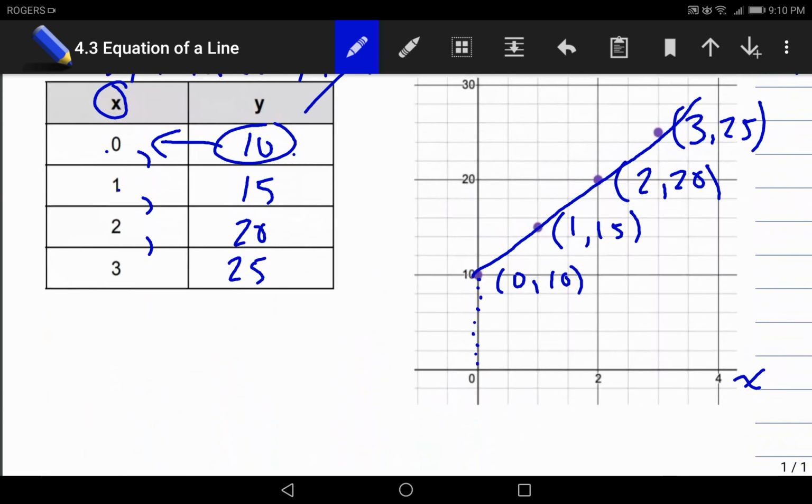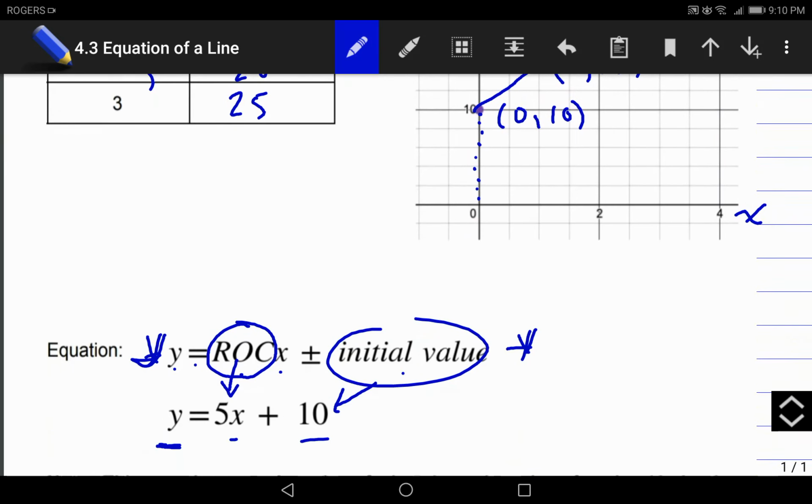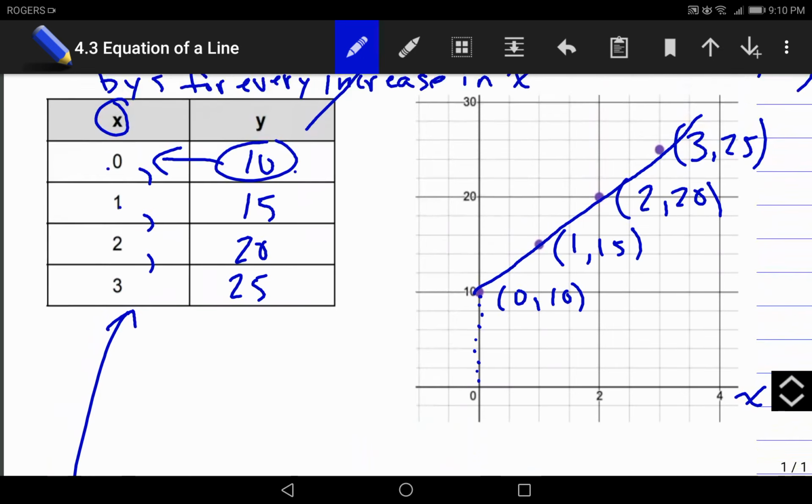Not that you have to do this, but in case you didn't believe me that this table and this equation represent the same thing, we're going to verify that right now. They represent the exact same linear relationship. So let's do this y value right here, 15.